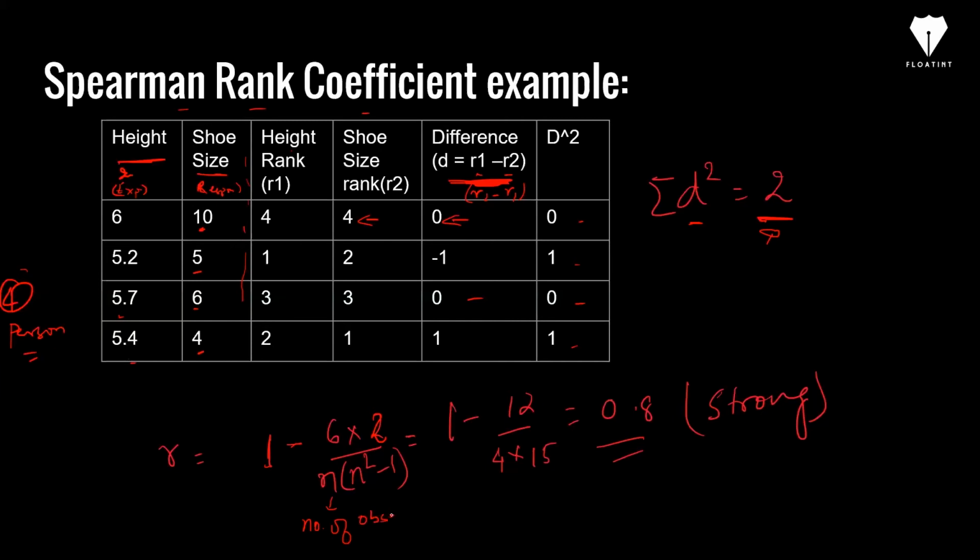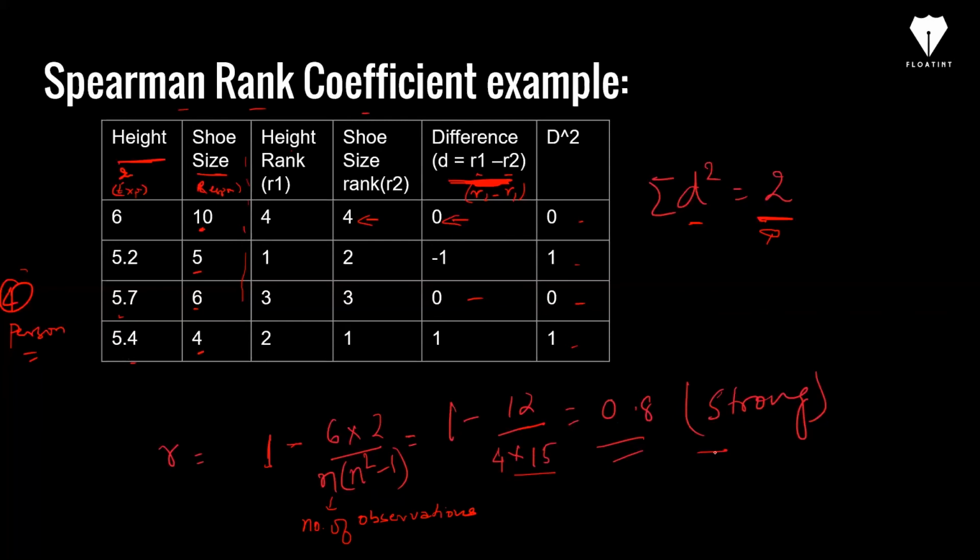So here we have how many observations? 4 observations here. So all numbers put in here, we will get 1 minus 6 times 2, that is 12, and then 4 into 4 square, that will be 16, minus 1, that will come out to be 15, and if you calculate this, that will come out as 0.8.